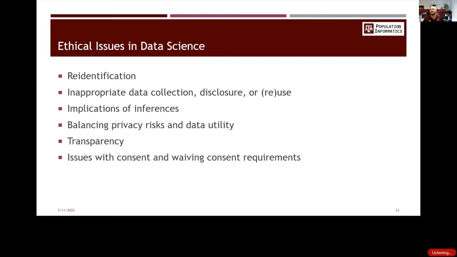Say you're working with data that's partially de-identified, where if you work hard enough you can figure out who they are, but it would take a really long time to find a contact, a phone number, or an address to go out there and seek consent. And if you were to seek their consent, would you get a biased sample of those who actually provide it? There are lots and lots of very difficult issues with consent in secondary data research.